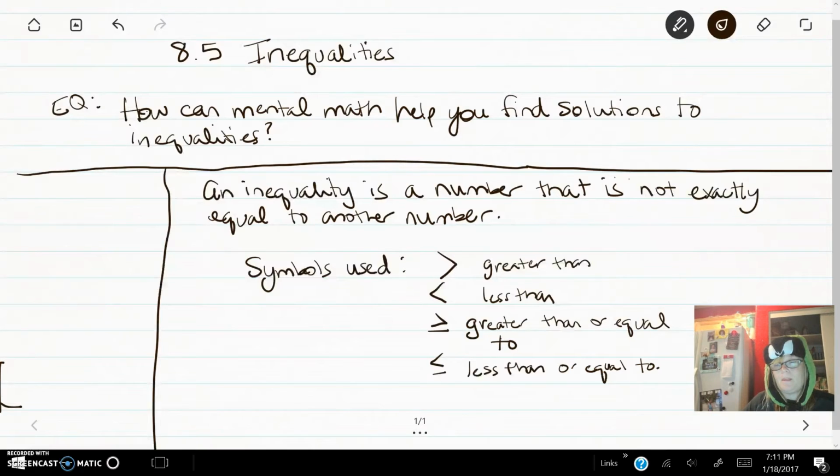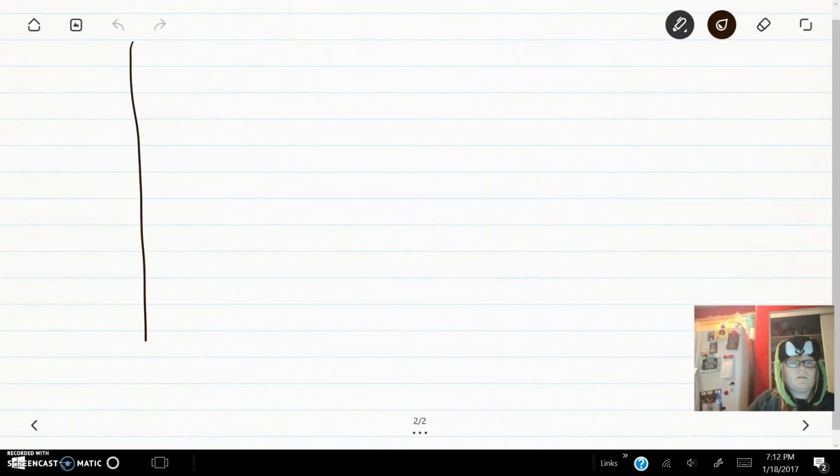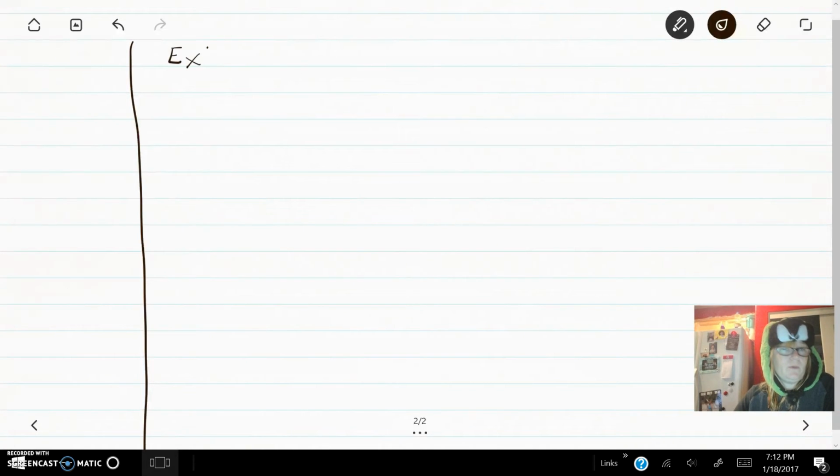All right. So let's see what that looks like in math. Here is an example of what an inequality would look like.